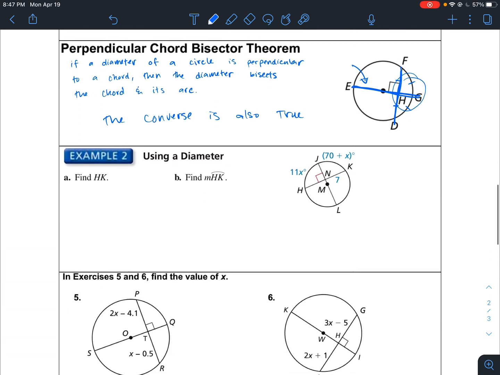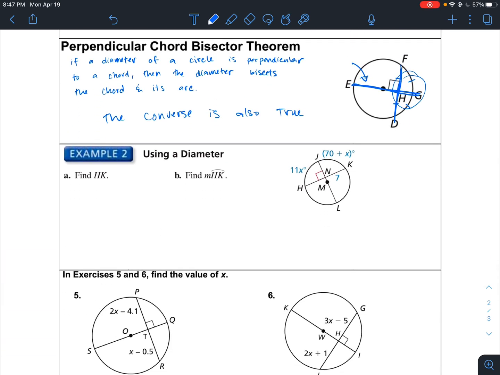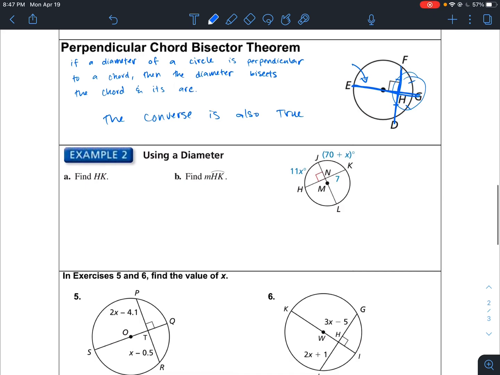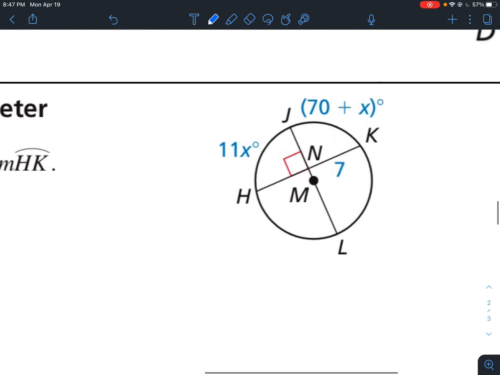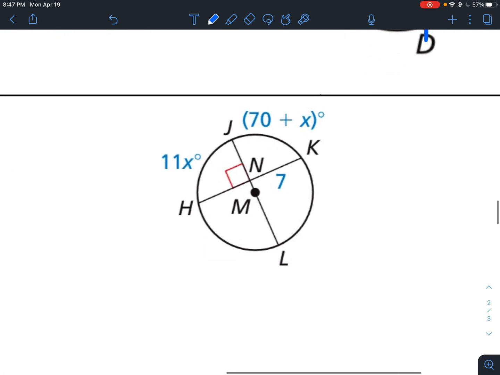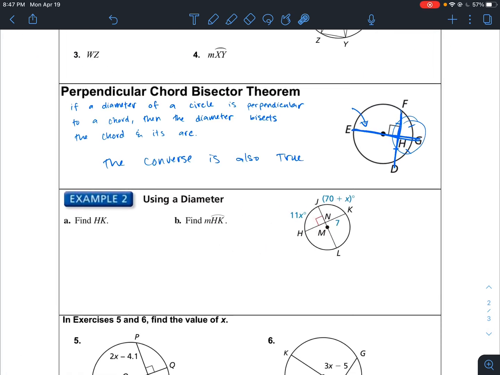Okay. So example 2. Find HK. So here's this diagram right here. Now you see here that it indicates that it's perpendicular, right? So we know that this diameter and this chord intersect perpendicularly, then we know that it's bisected.